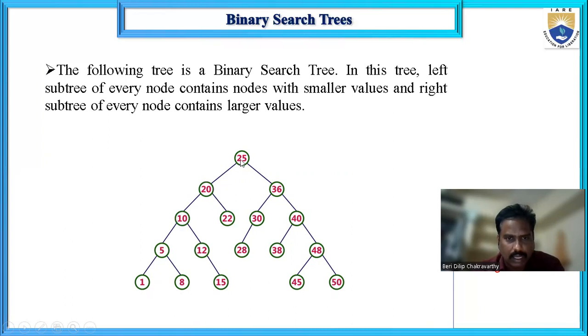If you consider any subtree or the total tree, all the left side elements are less than the root node, and right side elements are greater than the root node. Observe here 36, which is greater than 25, and 30 and 28, which are less than 36. So we will be placing like that.